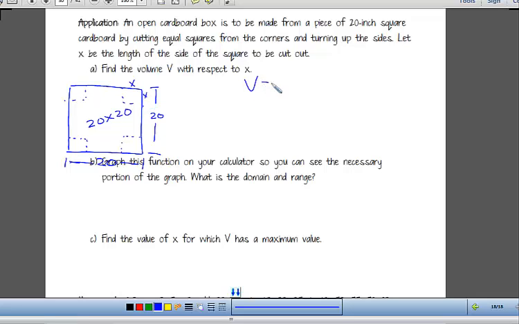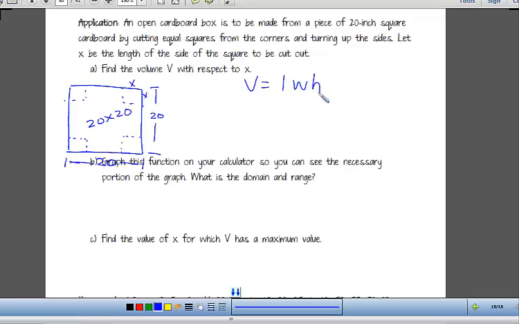Okay, so volume equals length times width times height. Okay, so this was 20 by 20, but then I took those chunks out of the side that are each X by X. So what's the length of the side of this box now? Very good.